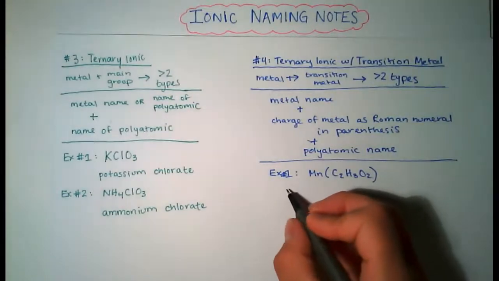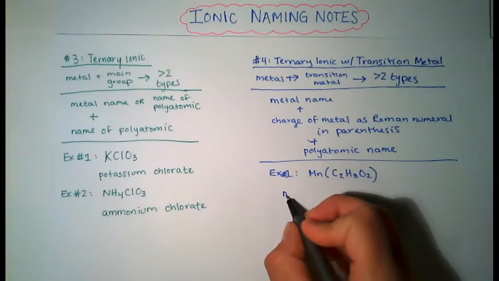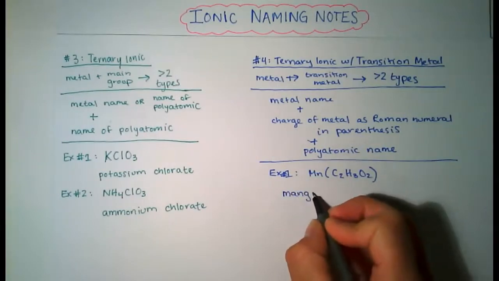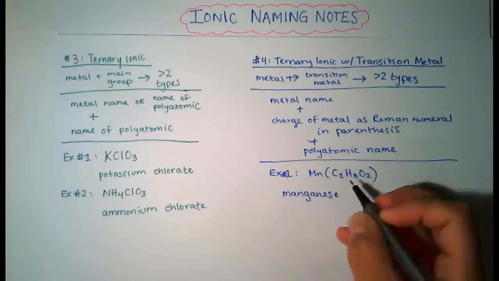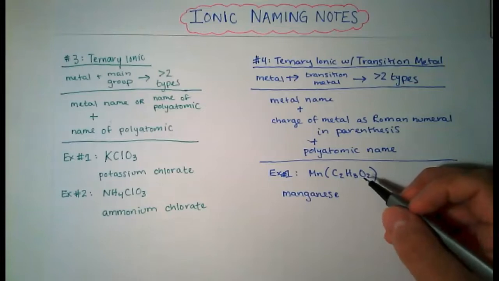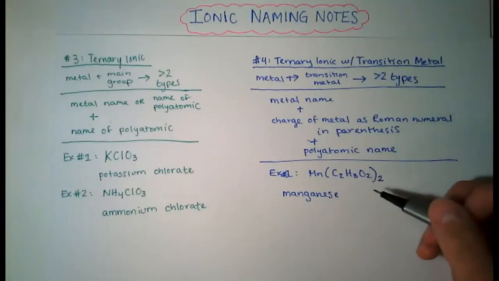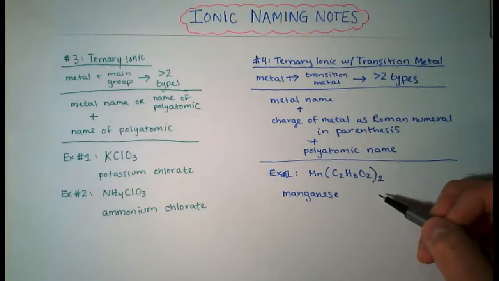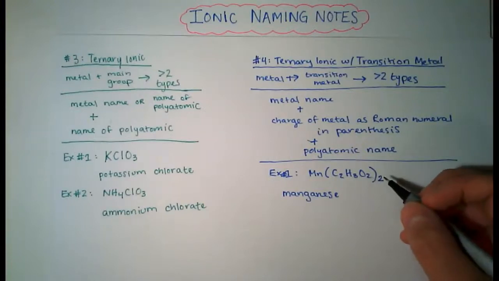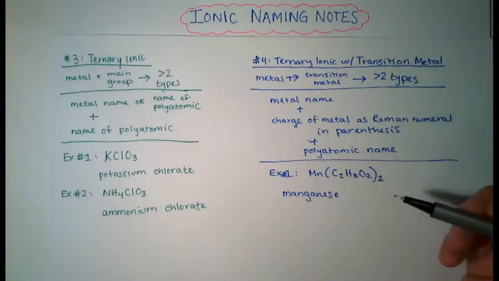So I'm going to start by writing the name of the metal, manganese. And then I have to use my reverse crisscross method to figure out, oh, and I have 2 acetates here. I actually wrote that incorrectly, but that's okay. We'll fix that now. But I still need to use my reverse crisscross method to figure out what the charge on manganese is.